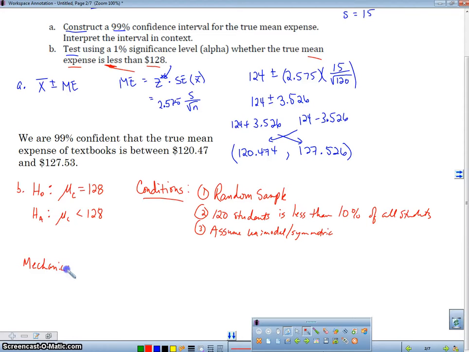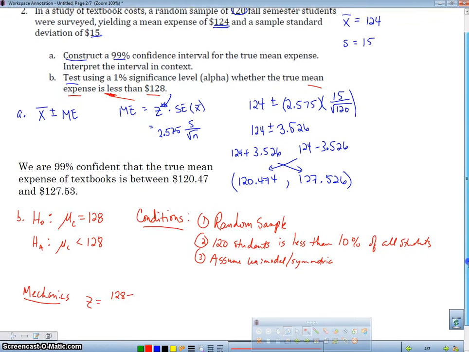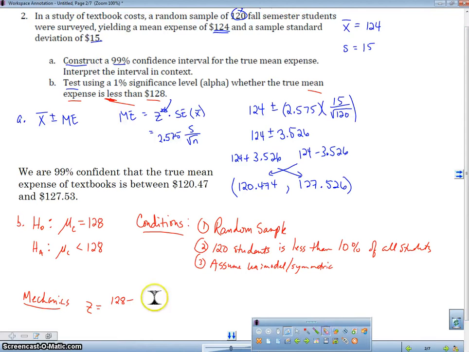And in our mechanics, we're going to find our z-score and our p-value. Okay, so we're going to say our z is equal to 124 minus 128 over s over the square root of n, 15 over the square root of 120.